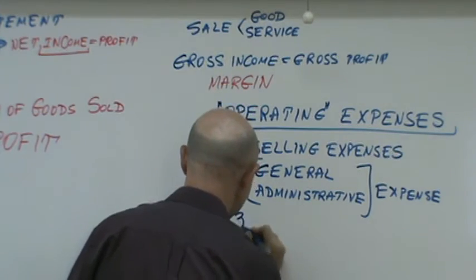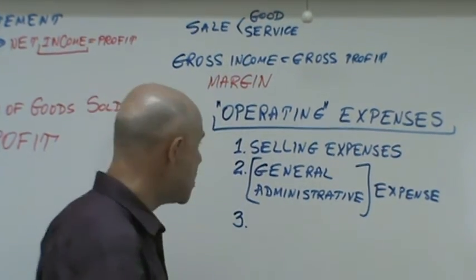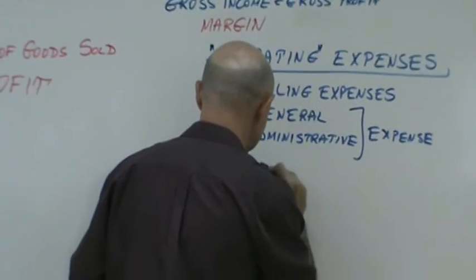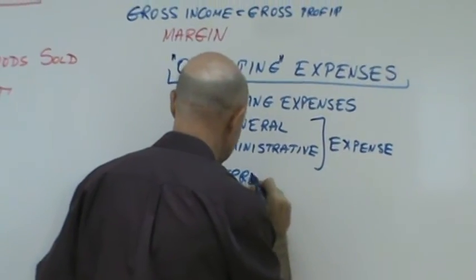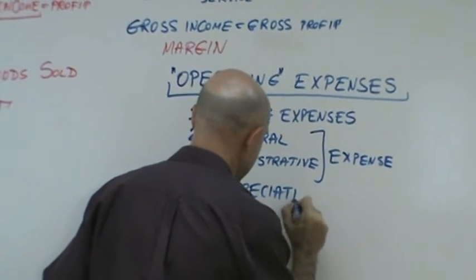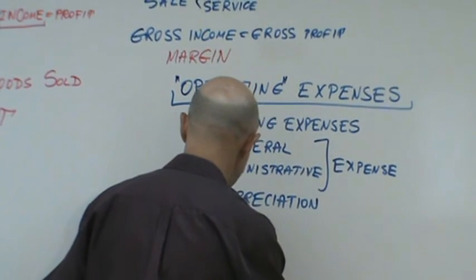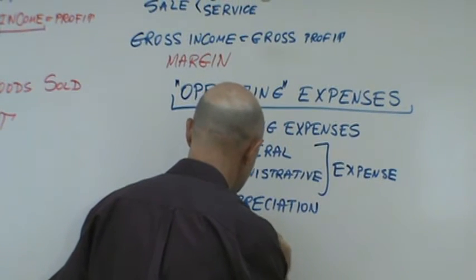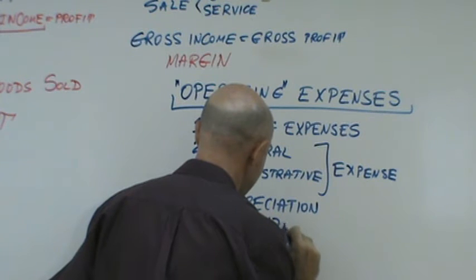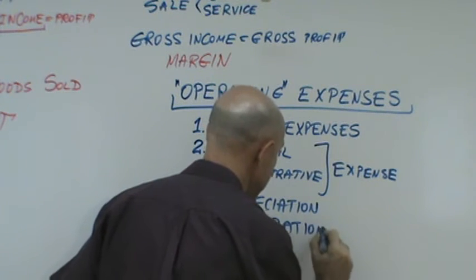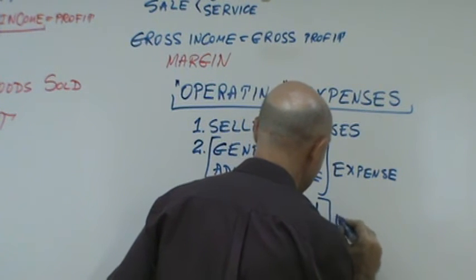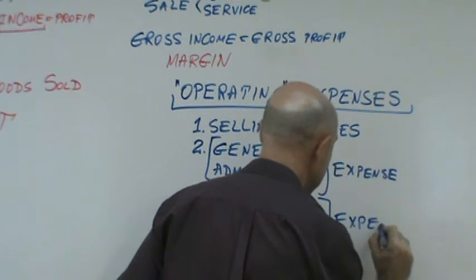Number three is depreciation and amortization. Again, same category, expense.